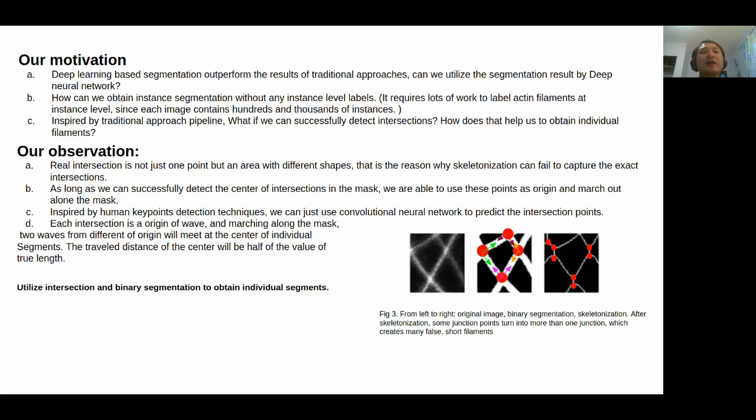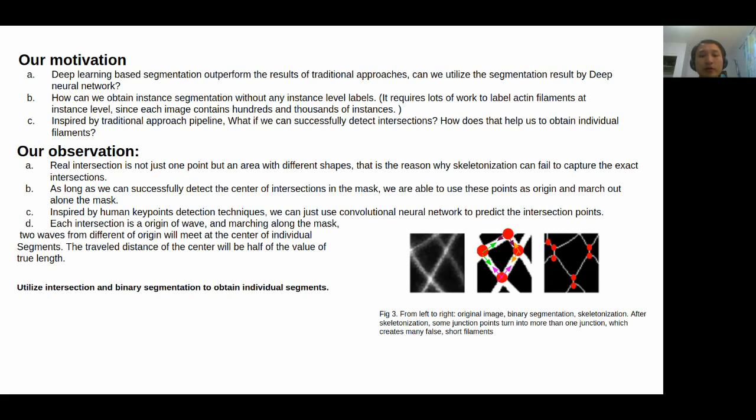Our motivation is that if deep learning-based segmentation outperforms the result of traditional approaches, can we use a deep learning-based approach to do instance segmentation? And also, can we utilize the binary segmentation from the deep learning-based approach and work on that further to obtain the instance segmentation?